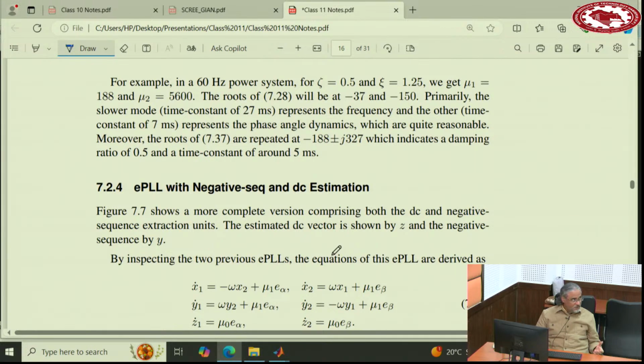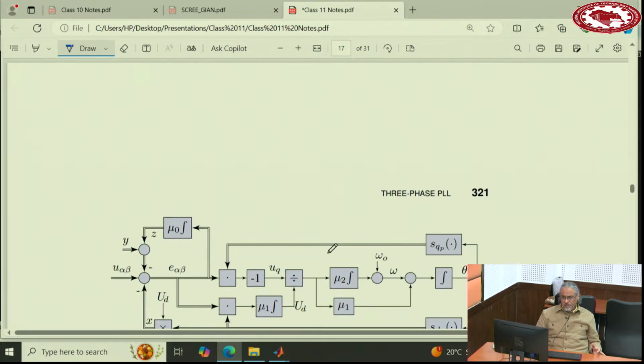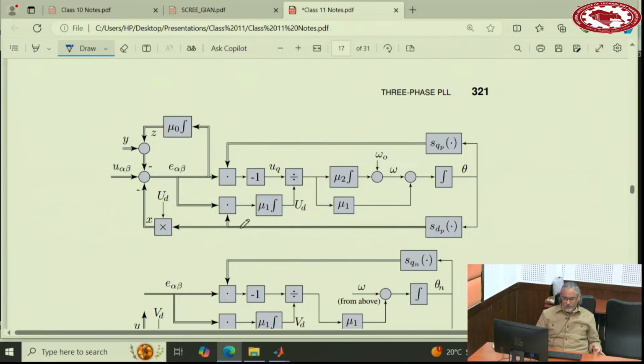Now, DC, we said before, is important in PLL. We don't want to ignore that. If you want to handle DC, you need to add this branch. So you take the error. So if there is a DC here, that DC comes here. So you take that DC, integrate it, bring it back here, and add it to the negative sequence. So now the DC, the negative sequence, and then come here.